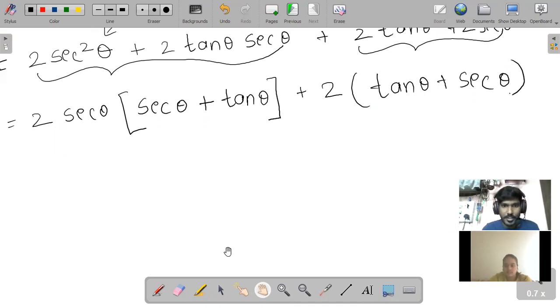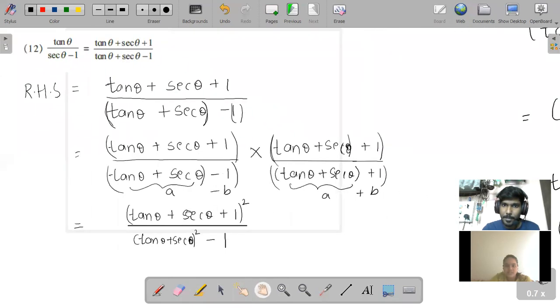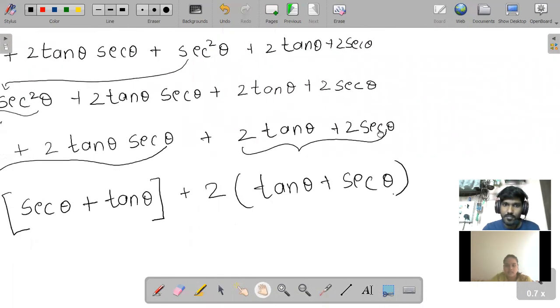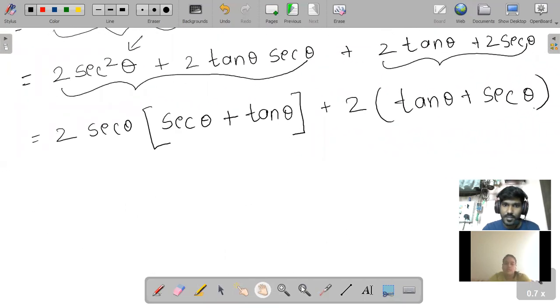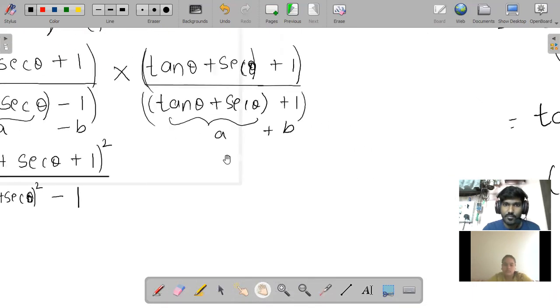Just tell me if you can see if I'm writing. No, I can't see anything. I can just see that you've come till 2 sec theta.